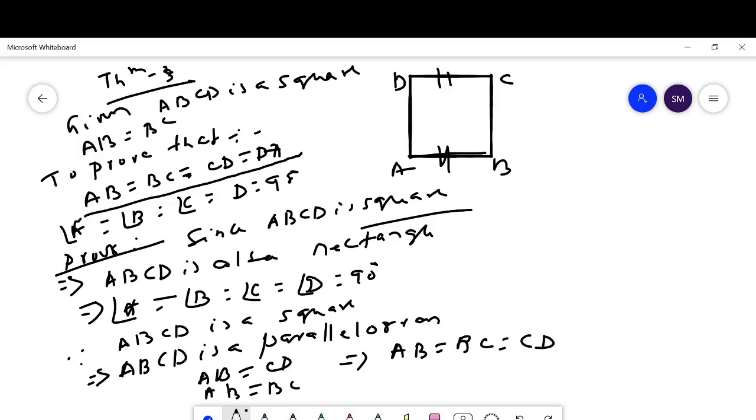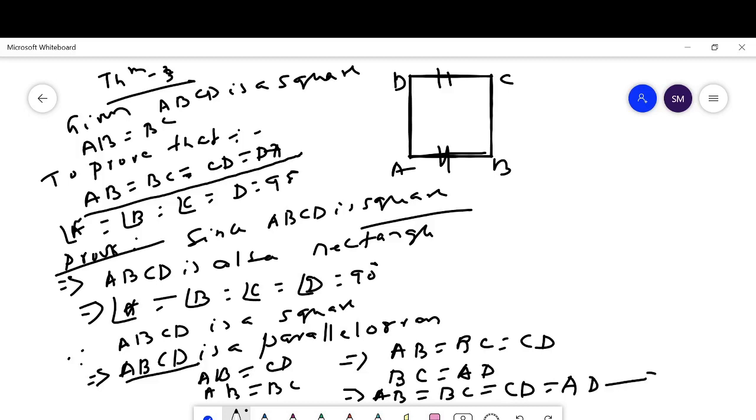As we know that ABCD is a parallelogram, which implies BC is equal to AD, then AB is equal to BC is equal to CD is equal to AD. Hence we prove that angle A is equal to angle B is equal to angle C is equal to angle D is 90 degrees, and side AB is equal to side BC is equal to side CD is equal to side AD.